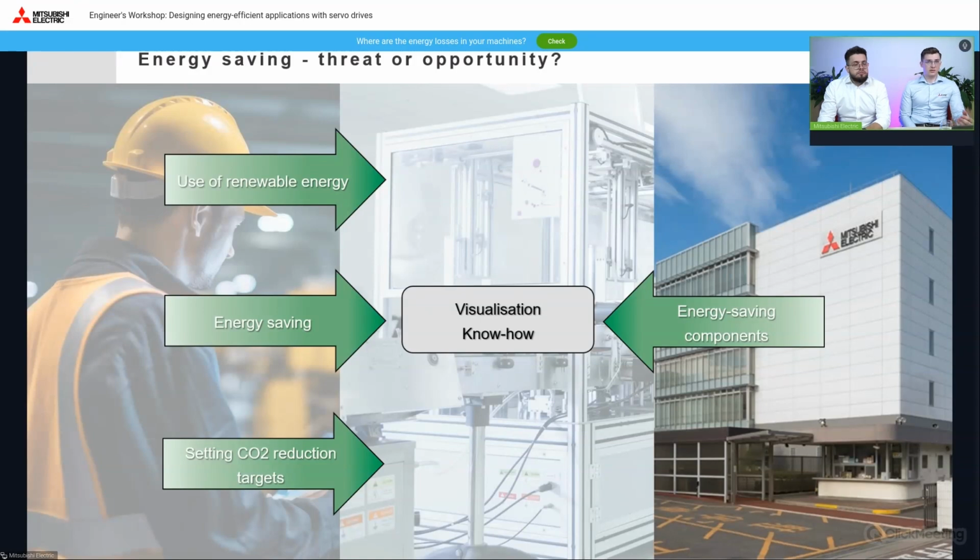That is, in summary, the company building the machine must both know how to design it energy efficiently and how to visualize this data. For this, they will need to use automation components, and these will need to be energy efficient.